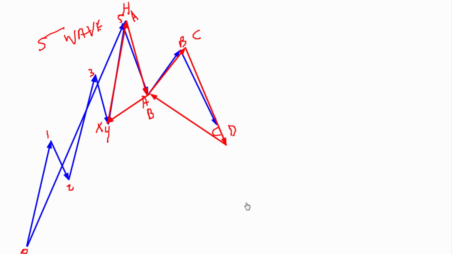In Elliott wave, you have 1, 2, 3, 4, 5, then you get your A, B, C down before continuation higher. This is how it looks. In the harmonic world, because you have that same structure, you have your X, A, B, C, D. The two worlds kind of merge together.